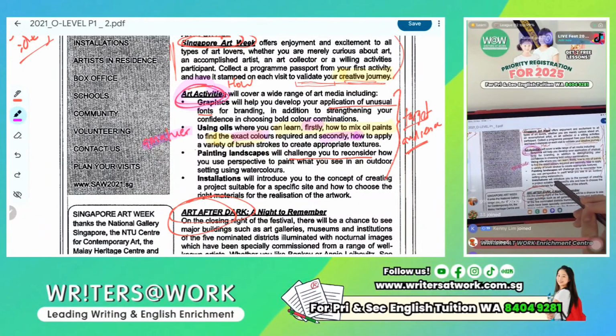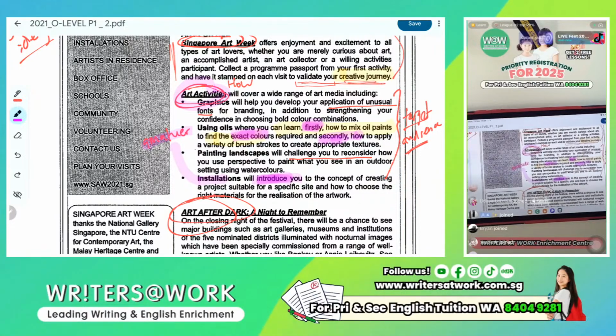Next one, you can see installations. They introduce you, so there's an assumption that you don't have any idea. That's why they need to introduce this topic, this concept to you, which suggests again that it's meant for amateurs. So when you look at all these words, they need to ring a bell already, and you need to make a mental note that these two activities are very different from graphics and painting landscapes.